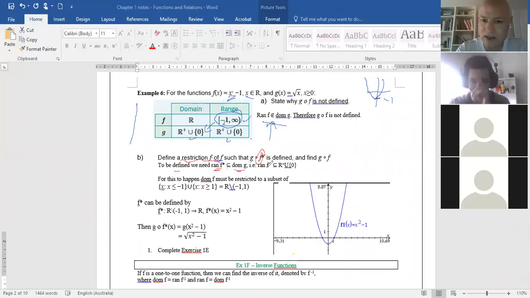The range of F* has to be reals positive including 0, because that's what the domain of G is. It cannot be any bigger than that. It can be smaller than this, but no bigger. Any questions there?